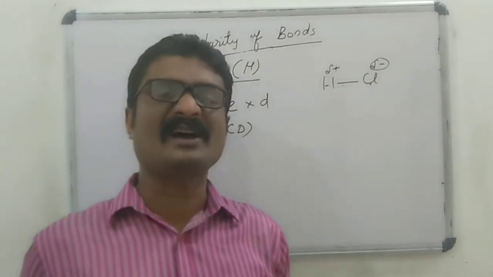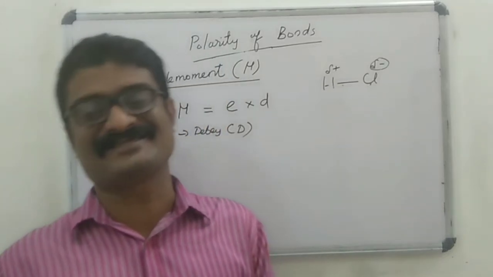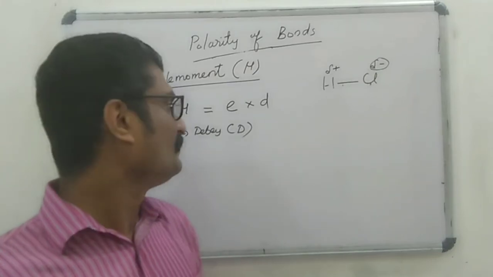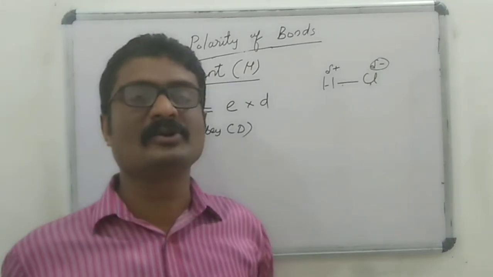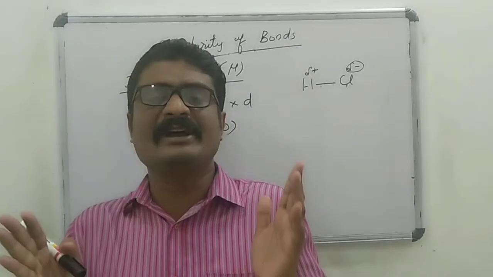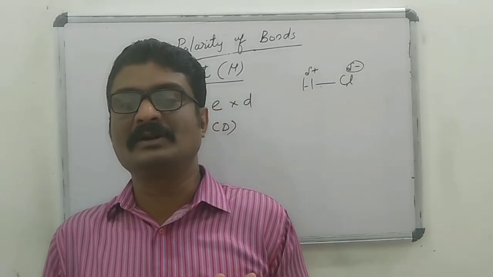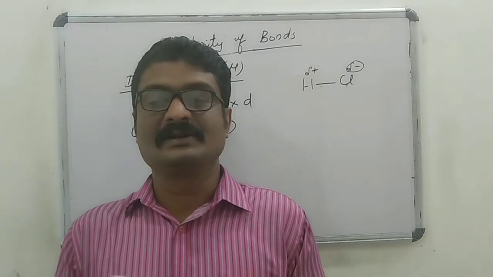That means as the polar character of a molecule increases, the value of dipole moment also increases. Then how can we represent or indicate the dipole moment?